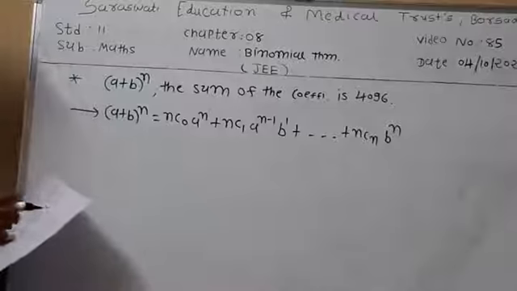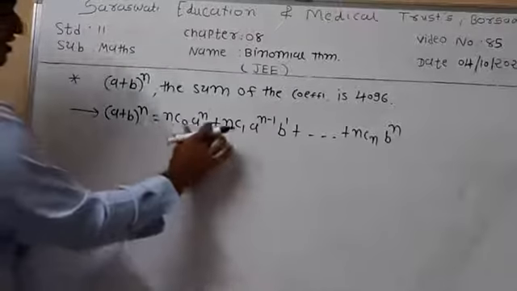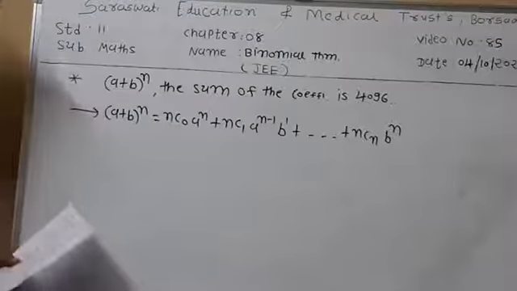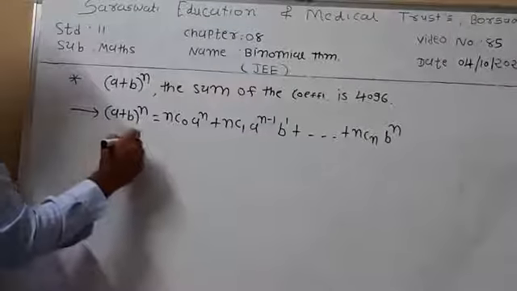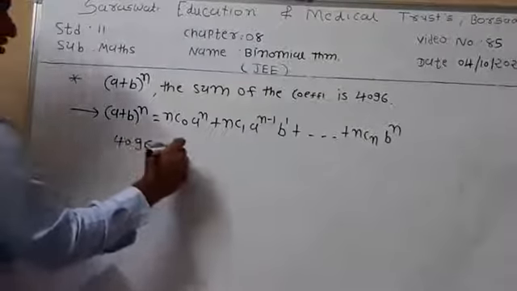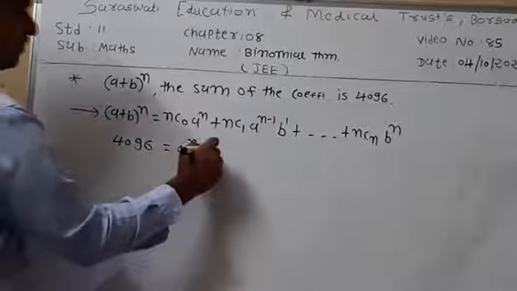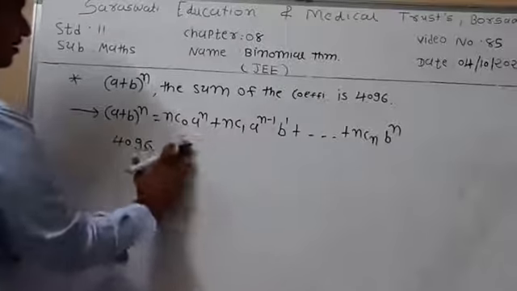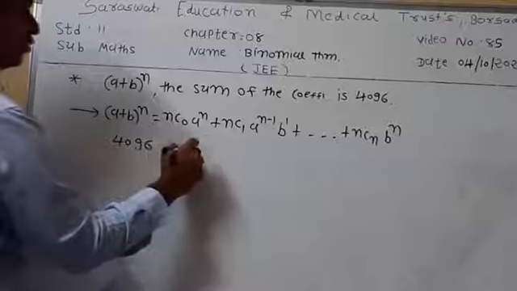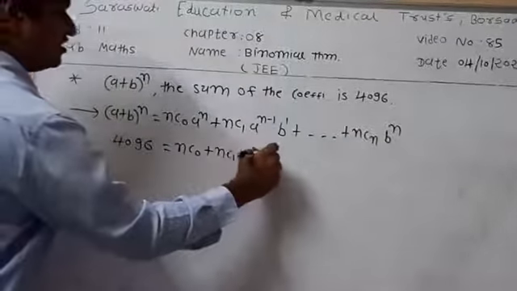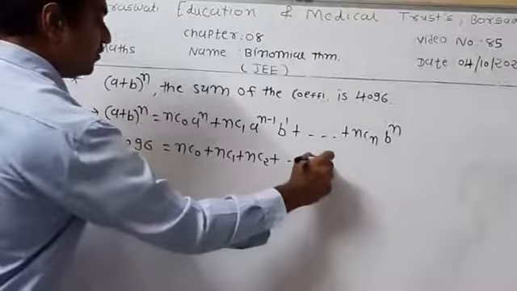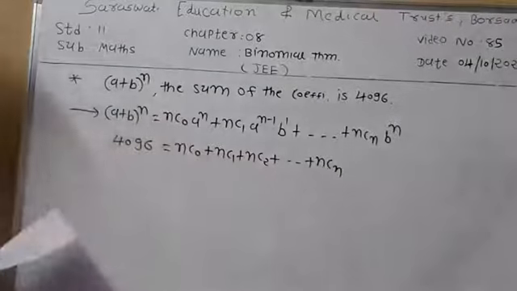Now coefficient, that means here we consider nC0, nC1 up to nCn, and the sum of the coefficients is given as 4096, which is equal to nC0 plus nC1 plus nC2 plus up to nCn.